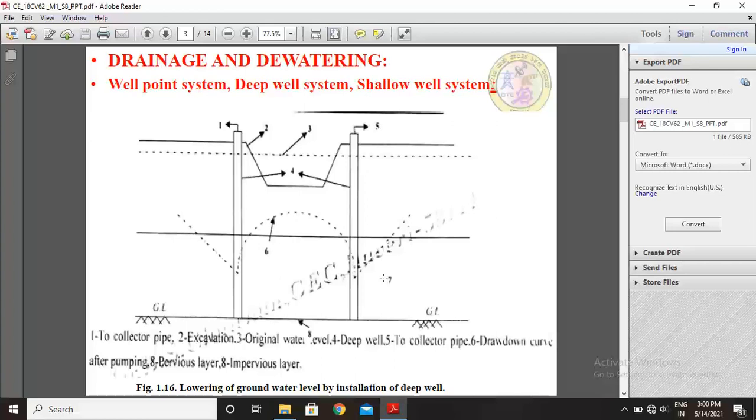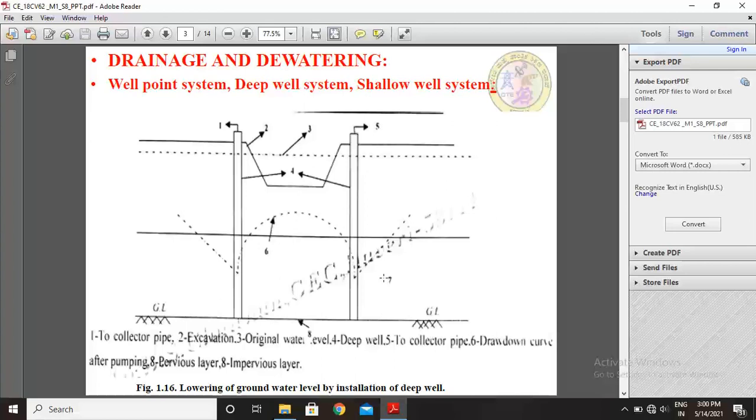A comparison between deep wells and well points is made. Deep wells have larger diameter, more depth and greater spacing in comparison to well points. Well points, being smaller, are easy to install, whereas deep wells have to be drilled akin to tube wells.